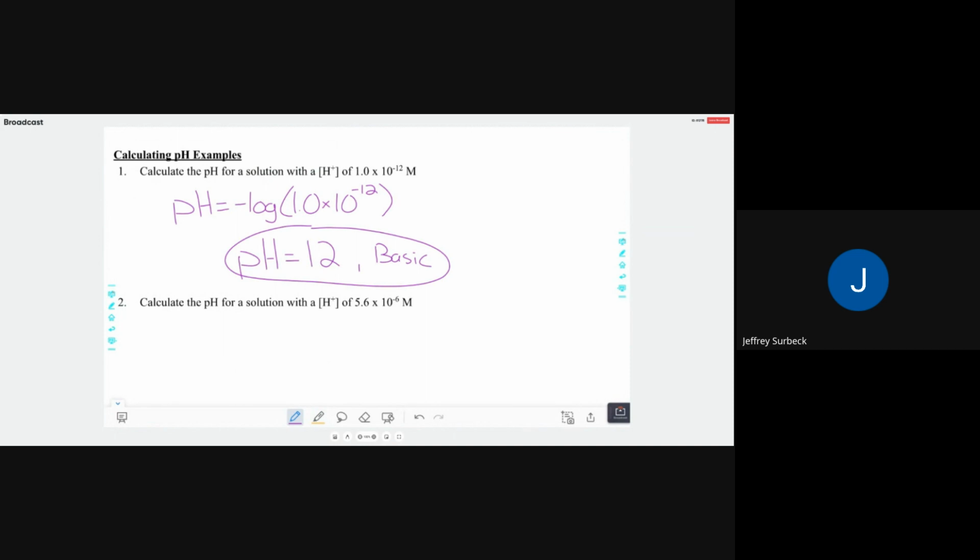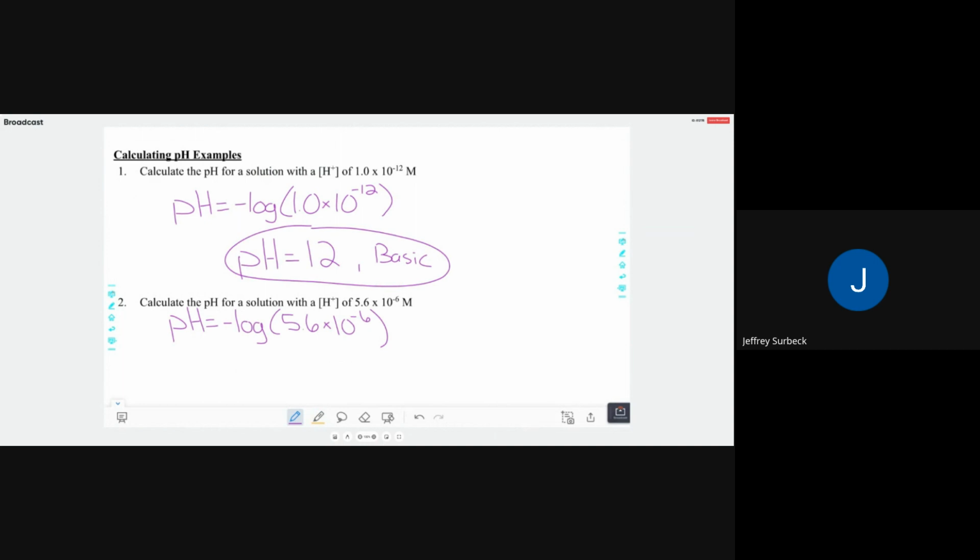Now, same thing here on number 2. I give you a different concentration, but all we have to do is say pH equals the negative log of the concentration 5.6 times 10 to the negative 6. We plug that into our calculator. We say negative log 5.6 times 10 to the negative 6.